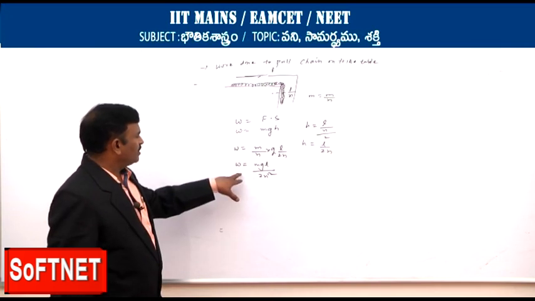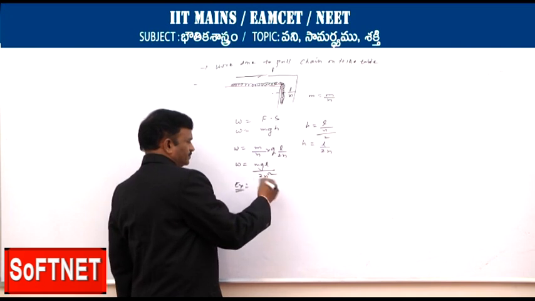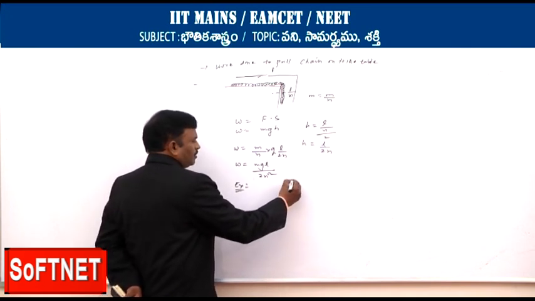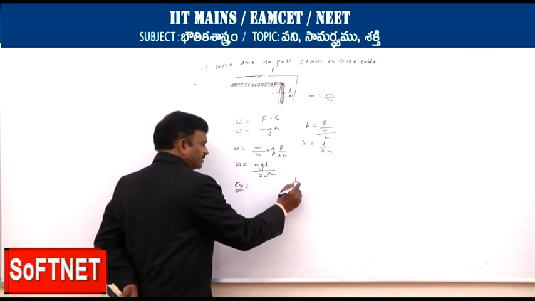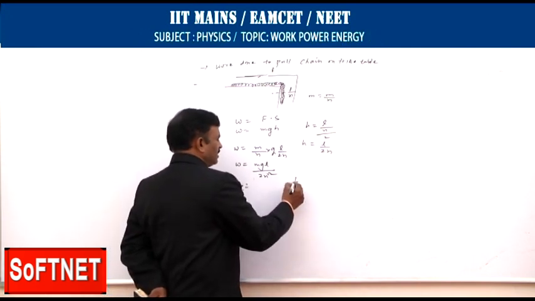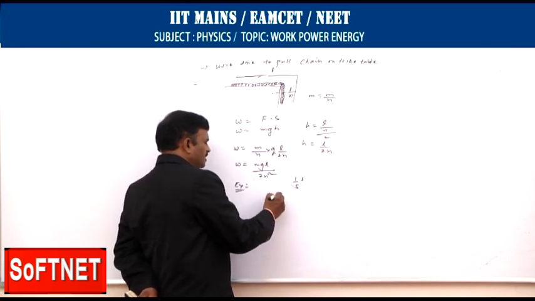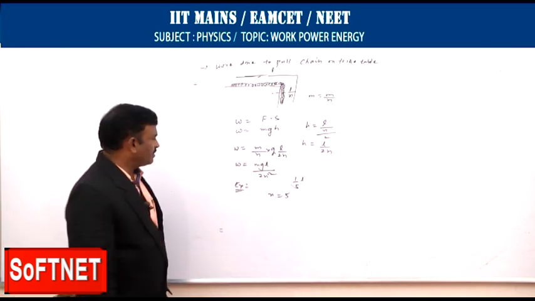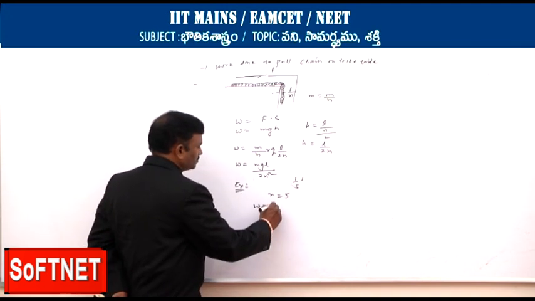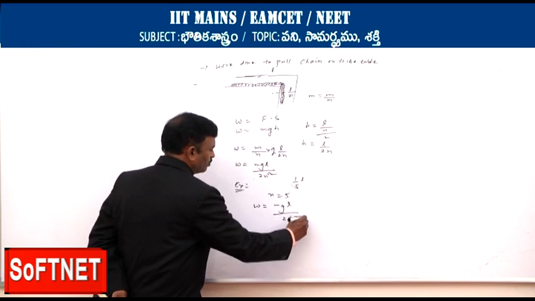Easy way, where n is, for example, if 1/5 of the length is hanging from the table at that time, then n is equal to 5. So what will the work done be? W is equal to mg L by 2 into 5 whole square.